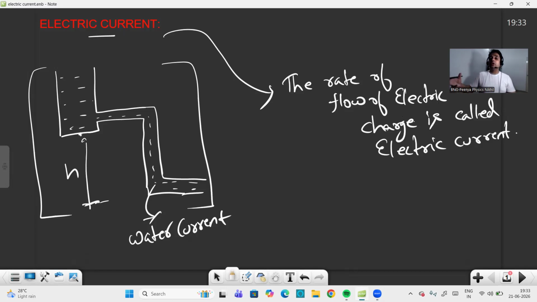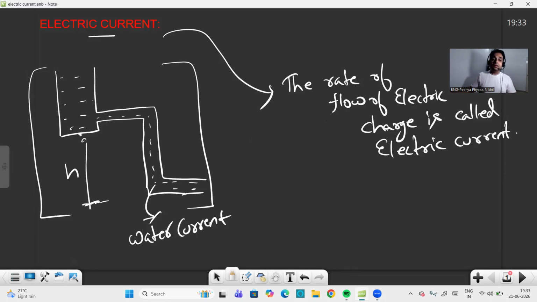In an insulator, all electrons are tightly bound by the nucleus, so there are no carriers that can take the charge from one point to another. That's why it is not possible to move charges from one point to another, and there is no possibility of electric current flowing inside an insulator. This possibility is there only inside a conductor.